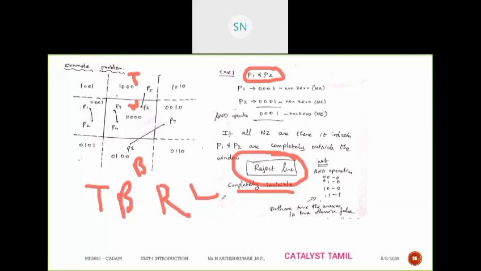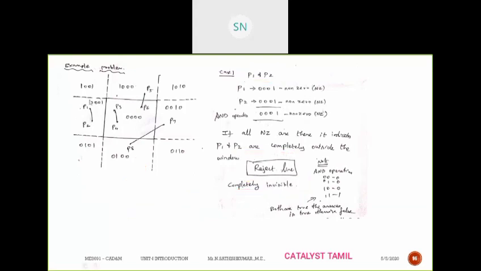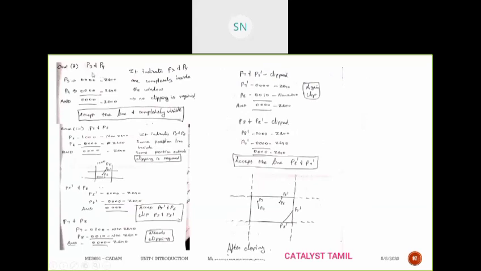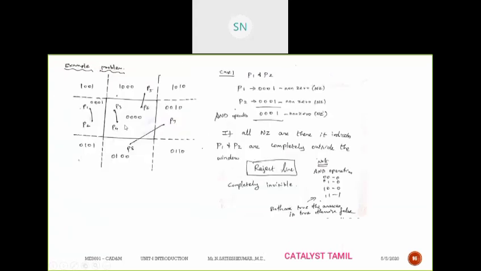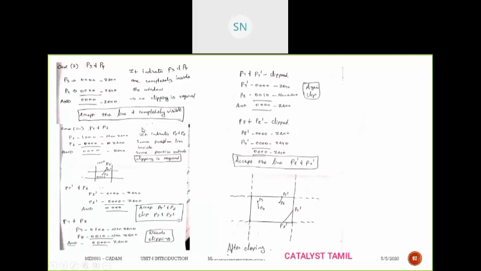Okay. In the next case, case 2, I am considering P3 and P4. Look at the position of P3 and P4. P3 and P4 are in the region 0000 because they are completely lying inside the boundary of the window. So the region code for P3 is 4 zeros, and similarly the region code for P4 is 4 zeros.